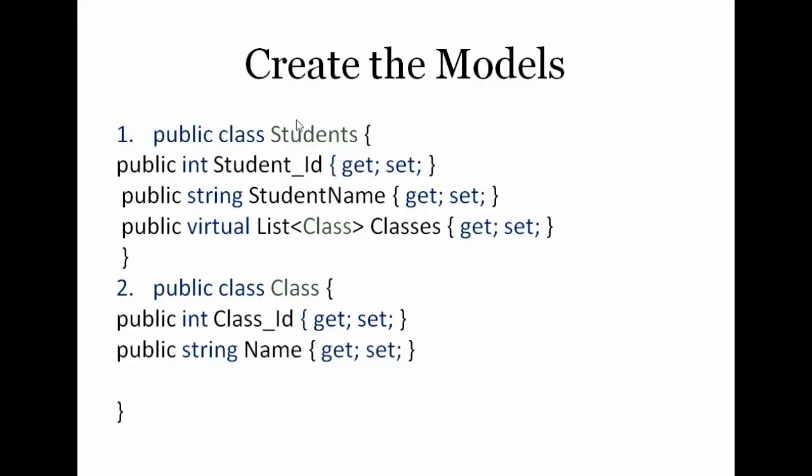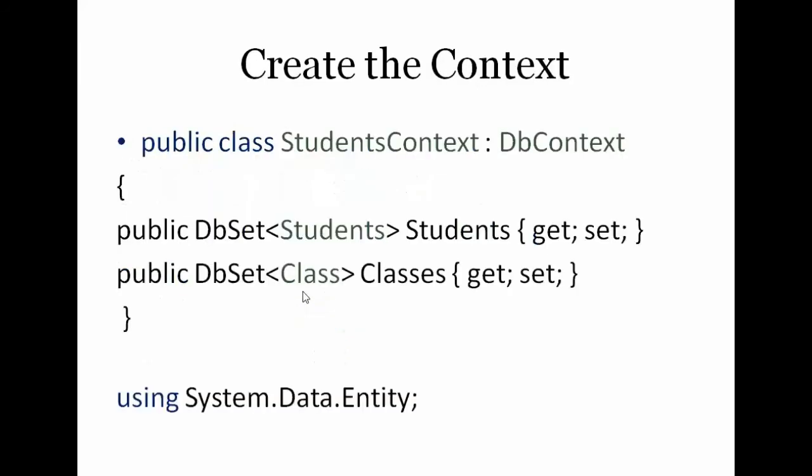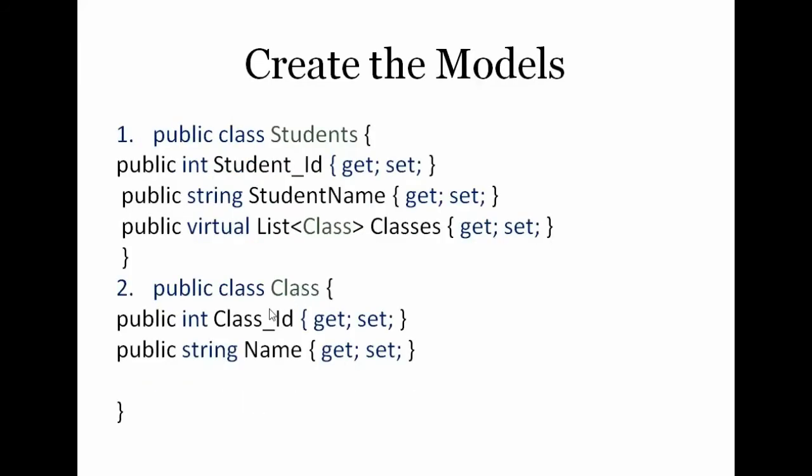The Student class has some properties like the integer StudentID, the string StudentName, and a list, which shows the relation with the second class, named Class. That class has a ClassID and a Name.